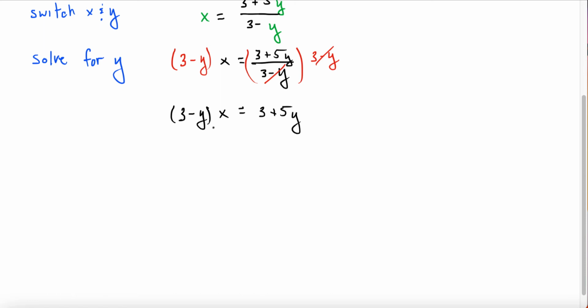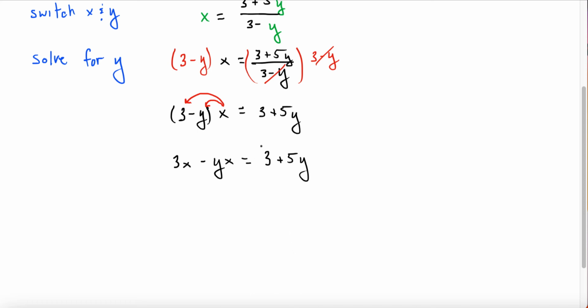In this instance, let's distribute this x. So we get 3x minus yx is equal to 3 plus 5y. Now we've gotten rid of the parentheses too. We got rid of the denominator, we got rid of the parentheses, and now we have a term with x, a term with xy, a constant, and a term with y.